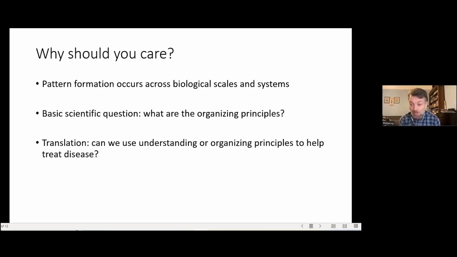But of course, once you understand these things, then you can apply that knowledge to translate it to understanding disease. And maybe that understanding of how the system works will help you understand what happens whenever that system doesn't work so well for various reasons, and perhaps how one could develop treatments to treat a particular condition.